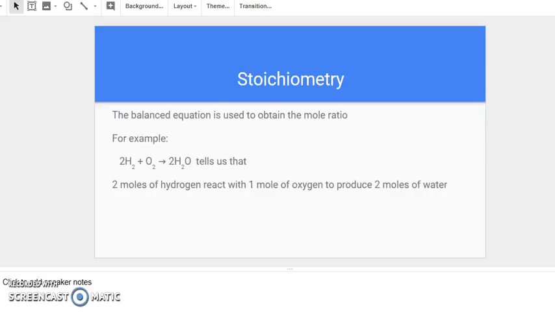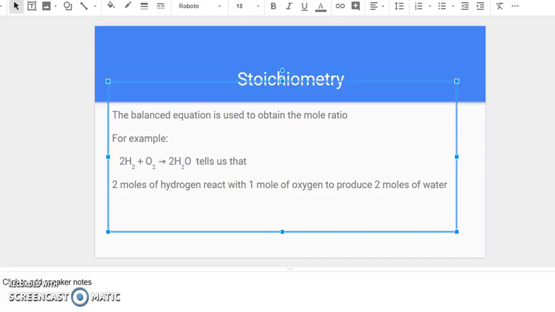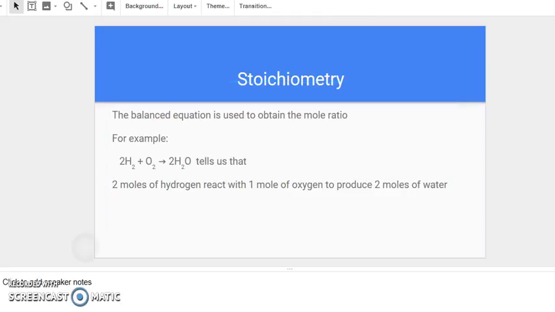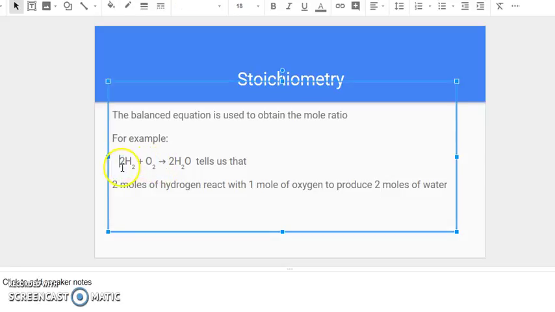So for example, when we look at a balanced equation, we remember those coefficients in front of the balanced equation show us what we can expect either produced or the ratio of those reactants, and we could say that this coefficient represents the number of moles.